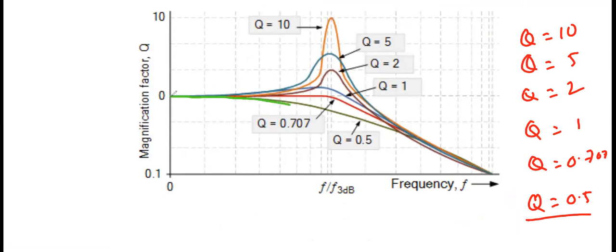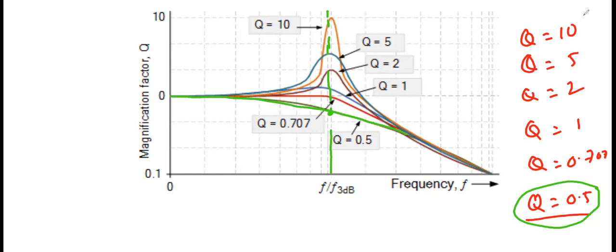You're definitely not choosing this one, because at the cutoff frequency, this is the line for the cutoff frequency, it actually loses some of the amplitude of your signal. Of course, it is not very good for your circuit design. So if Q equals 0.5, it is not a good idea.